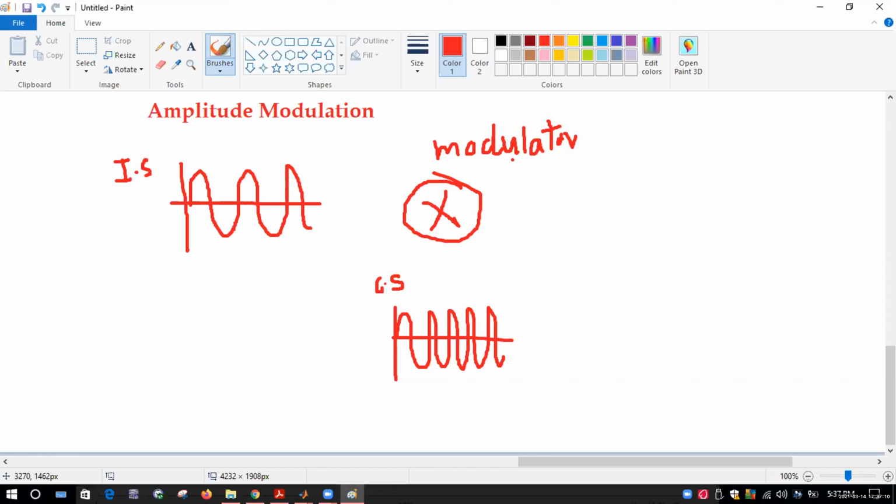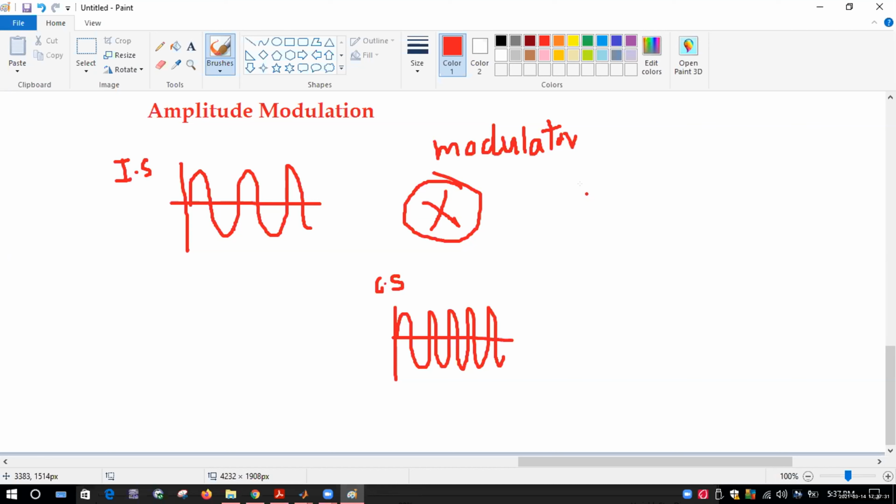So the modulator is the device which mixes these two signals. But here you have to be very careful. We have two types of modulation schemes. One is amplitude modulation and the other is frequency modulation.